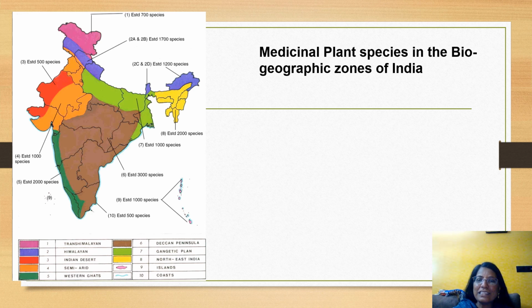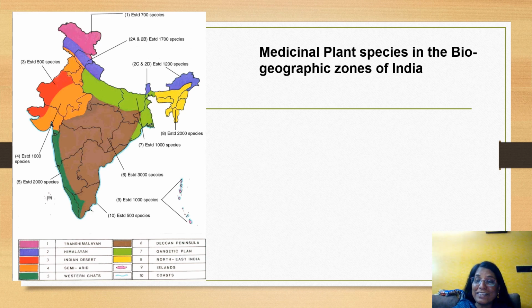Similarly, in northeast India, the estimated species is about 2,000. When you come further down, in the northeast area, you have about 1,000 species. And the largest number of medicinal plant species is documented in the Deccan Peninsula region, about 3,000 species.